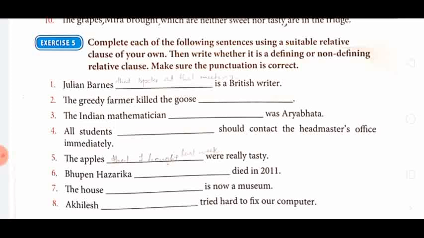For example, John Barnes is a British writer. Now here one is given: that spoke at the meeting, or whom I met. Okay, or John Barnes, who is my relative, or who is my uncle. So any type of relative clause you can use, but be sure if it is defining, there is no comma. If it is non-defining, you have to separate the relative clause with a comma.